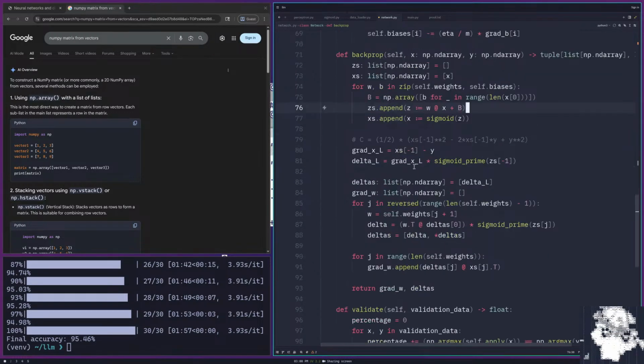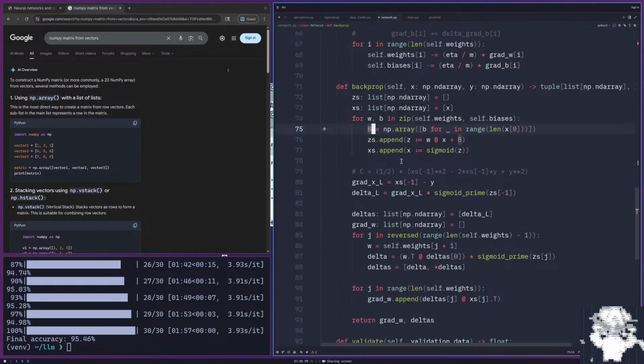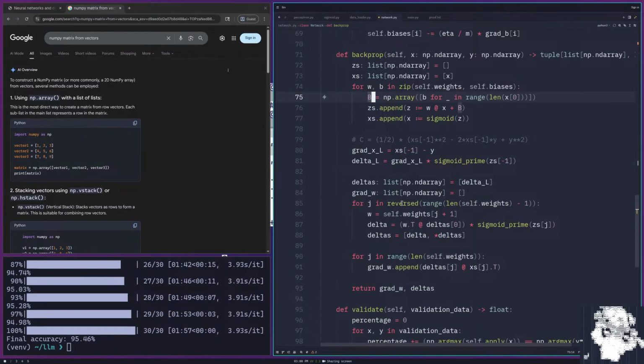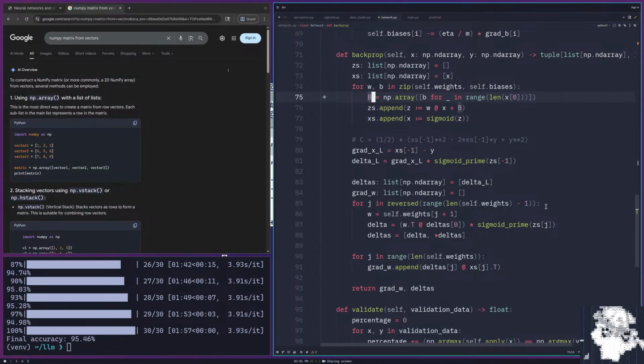Okay. That's the forward propagation. Then I guess we don't use the B's again.